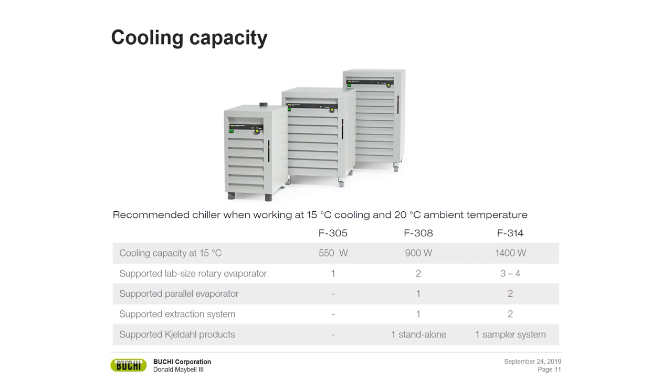The other thing to keep in mind is how big the condenser is that you're working with. It's very important to pay attention to the condensation level on the coils as you're condensing the solvent. If the condensation level is higher than 3/4 up the condenser, that means that some of those vapors are probably escaping into your vacuum source. So you need a stronger chiller, or you need to tone down your parameters.